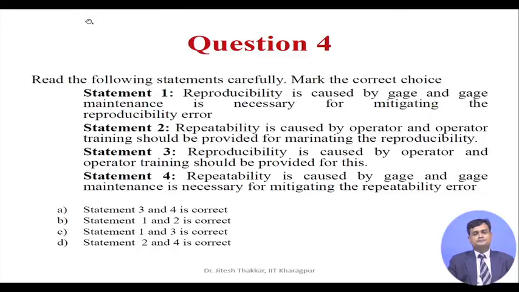Question 4, you have 4 statements. Read the following statements carefully and mark the correct choice. Option A, statement 3 and 4 is correct, B, statement 1 and 2 is correct, C, statement 1 and 3 is correct, and D, statement 2 and 4 is correct.